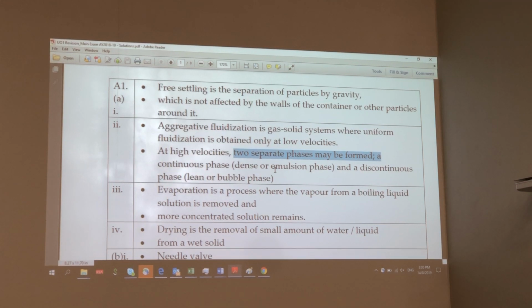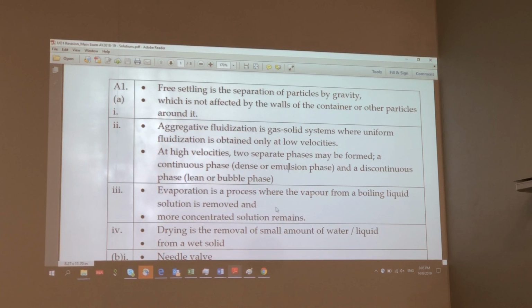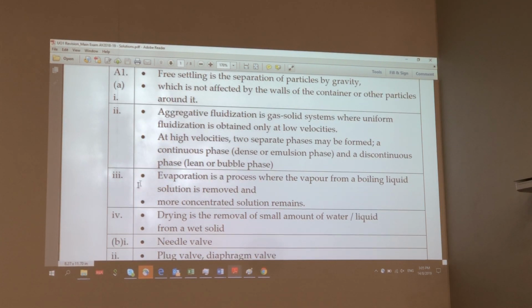So you need to mention two important things: usually for gas-solid, and then high velocity, two phases. Okay?